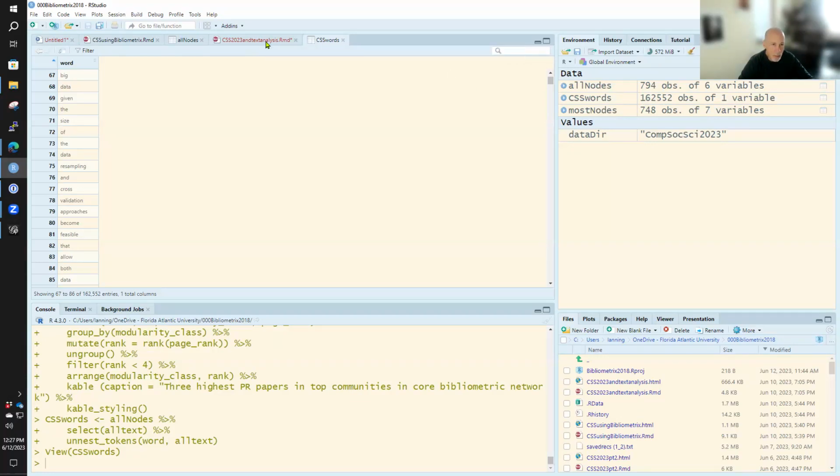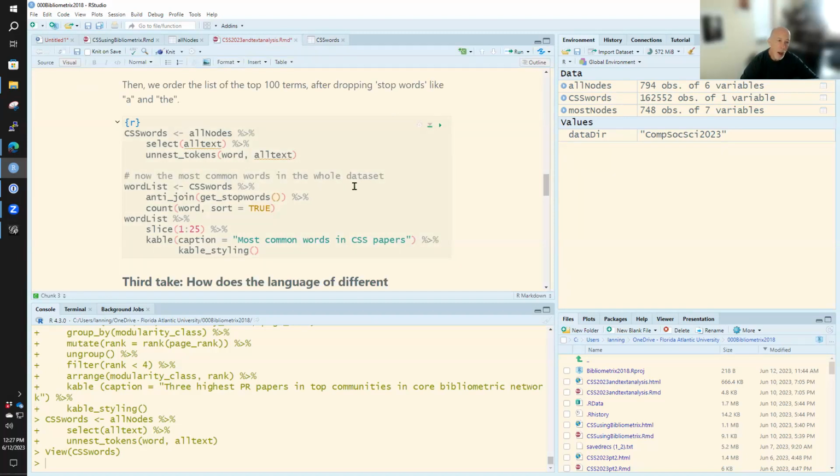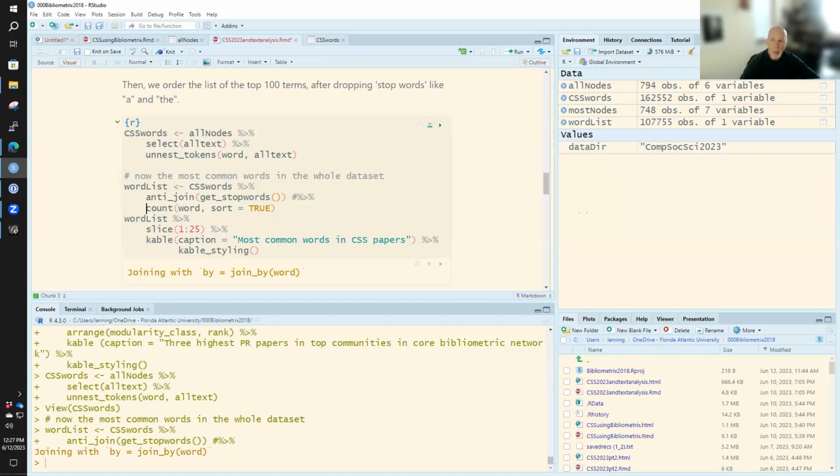There are nearly 163,000 words here. When we get rid of words like A and V, we reduce this down to 107,000. Those are stop words. And the stop words, if we want to describe a single corpus, a single body of text, we can discard because they don't really tell us anything.